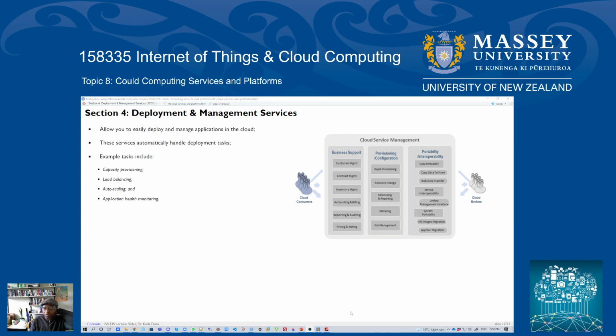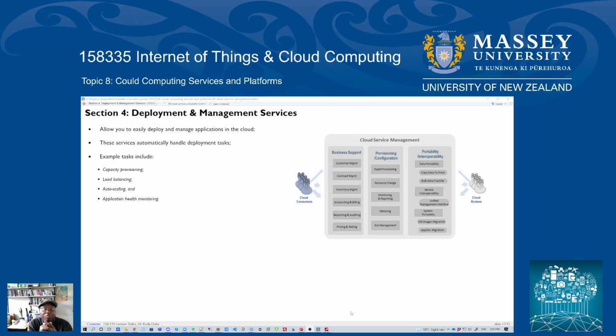In other words, if you have 2 services that are capable of interacting, they need to be interoperable, especially in terms of the data. They should understand the data that they are communicating with. A unified management interface, also system portability.